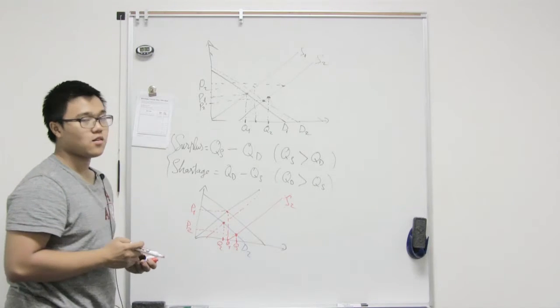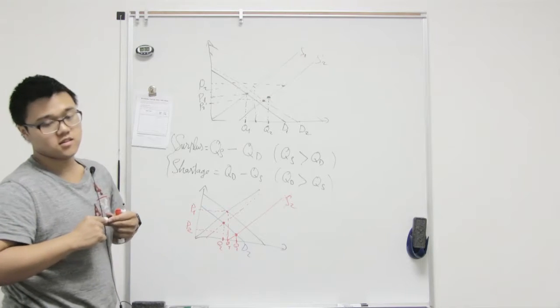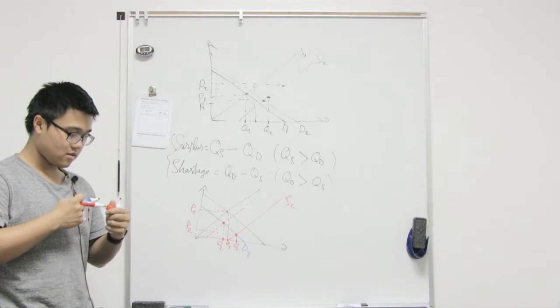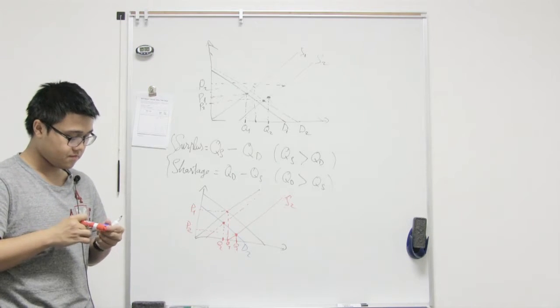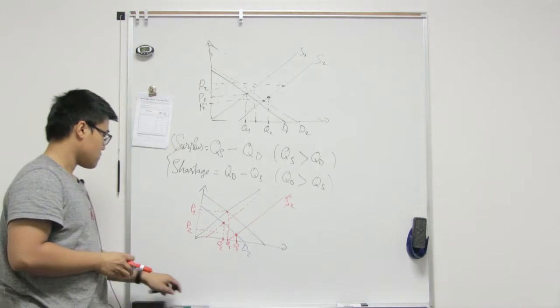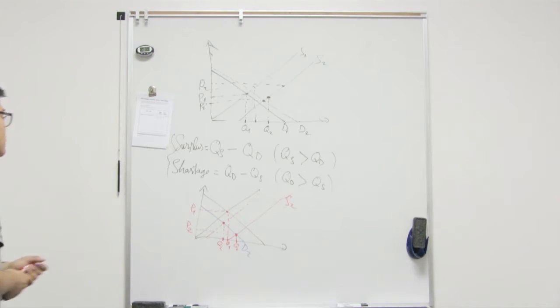So it depends on how the curves shift, and it's indeterminate because you don't have any information about that. Does that make sense?